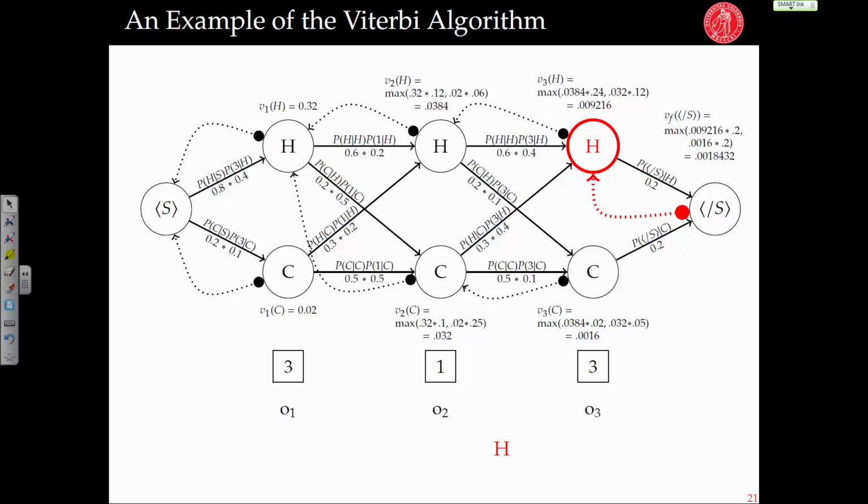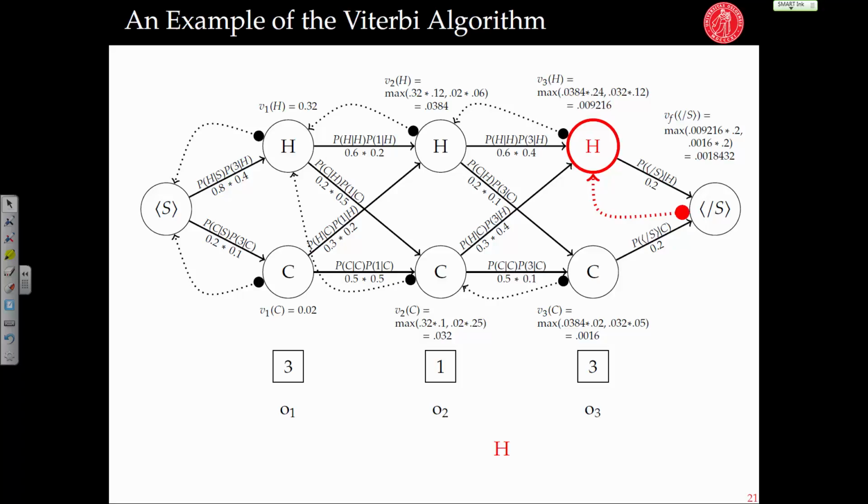So there we have the probability of the sequence, and as we mentioned, we are interested in the sequence itself, not the probability only. So we want to backtrace.